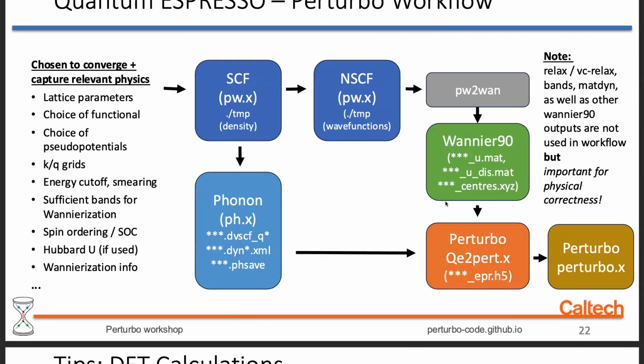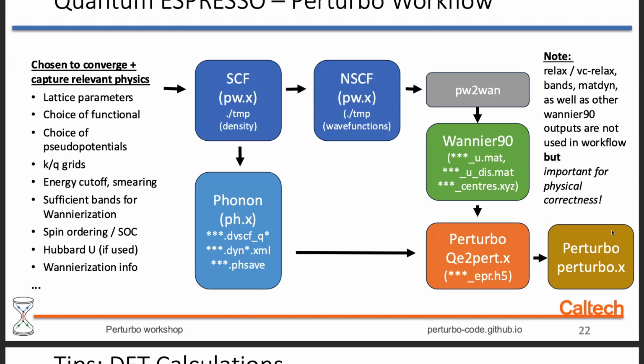Okay, so then in the last part, I'm going to talk a little bit about how the theory and concepts I presented actually are reflected in a realistic Quantum ESPRESSO and Perturbo calculation. So I'm not going to talk about the transport and dynamics in Perturbo.